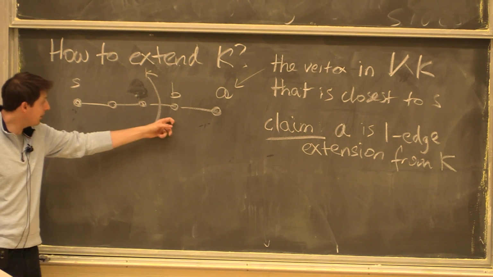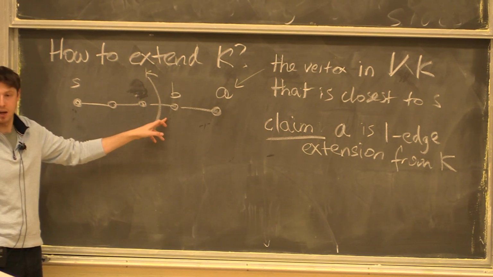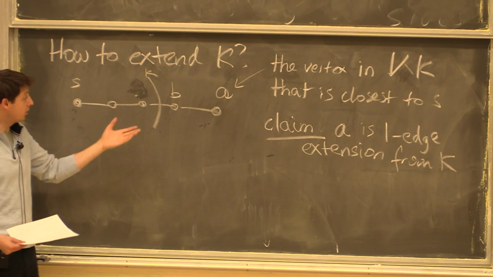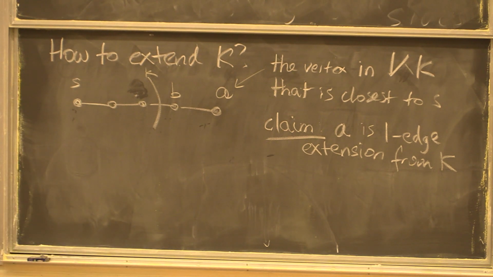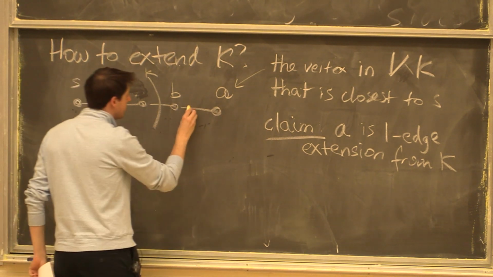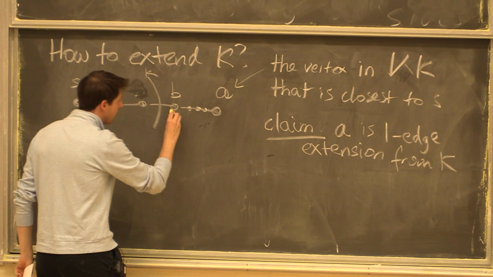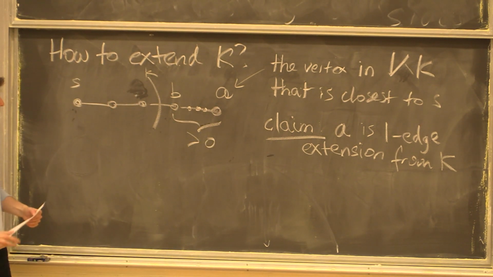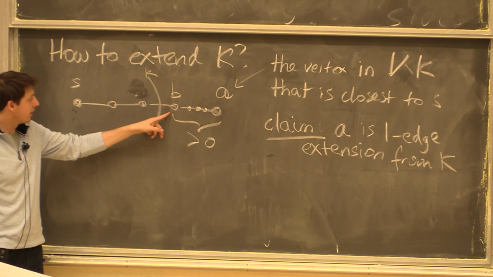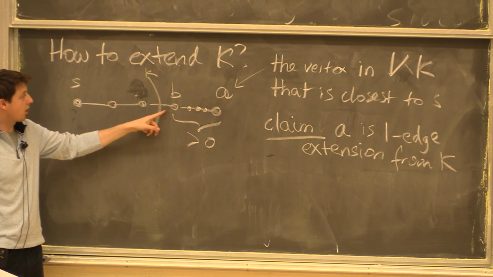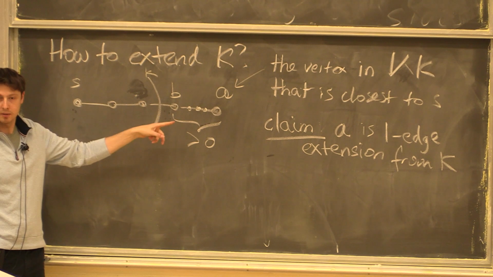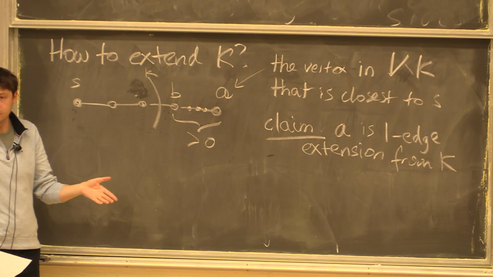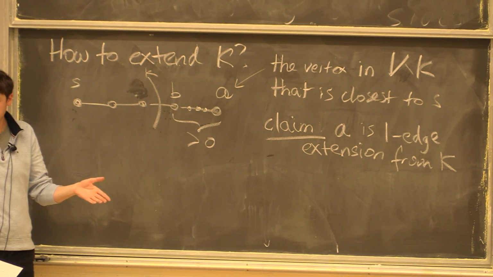So let B be the first one on this path that is outside of K. But look, we have assumed that all lengths are positive. So it means that here there might be other vertices, but this path will be positive, right? So it means that B actually is the closest one to S, not A. That contradicts our choice of A, right?